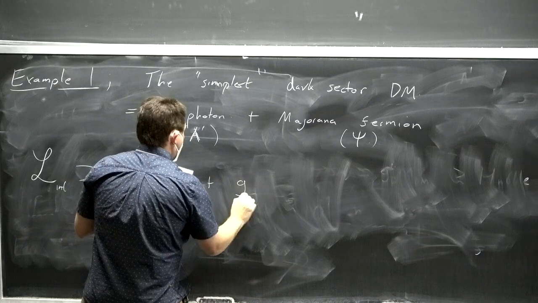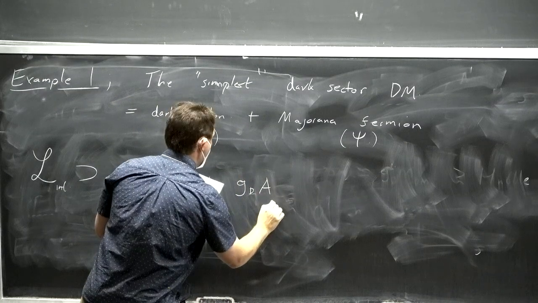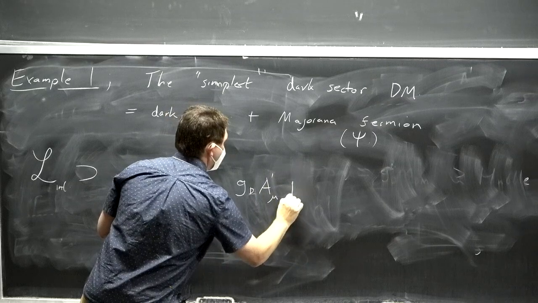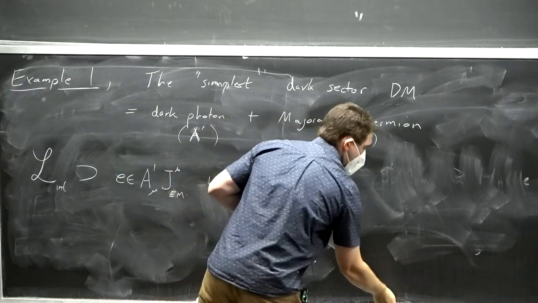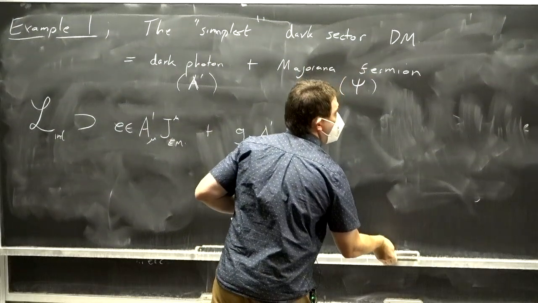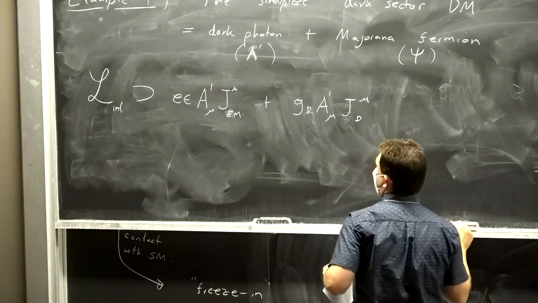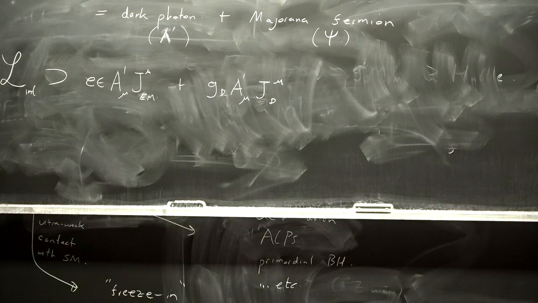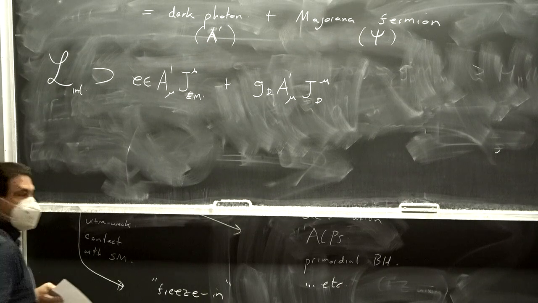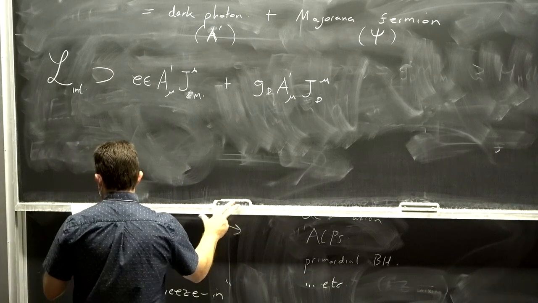And then we've got a coupling of the dark photon to this fermion, and it has to couple to some kind of current involving the fermion. Now, as some of you probably know, if all you have is a massive Majorana fermion, you can't write down a conserved current, but that's fine. Massive vectors can couple to non-conserved currents, no problem. And in fact, that's the only interaction allowed by Lorentz invariance. Okay?